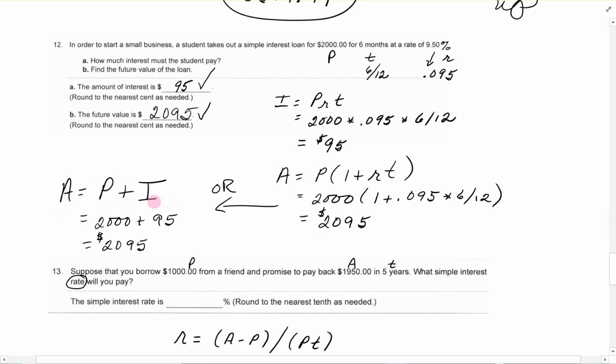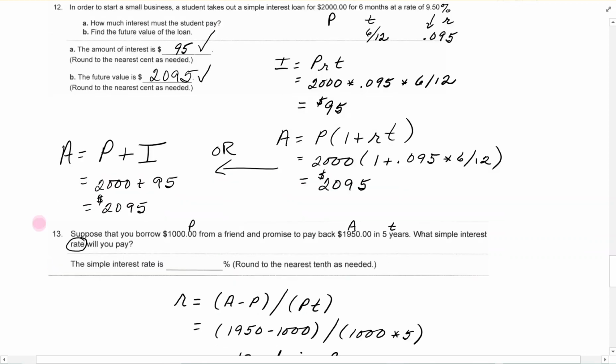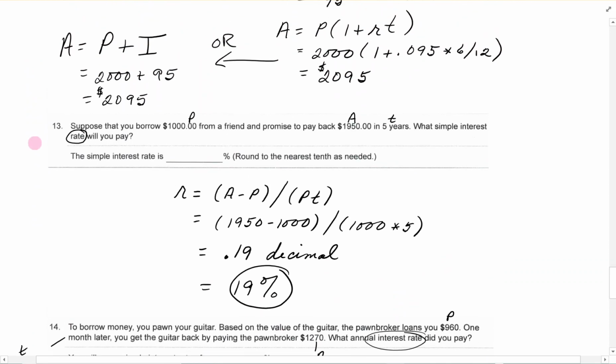So all you had to do was take the $2,000, which was your principal, that's what you started the loan with, add on the calculated interest, and that is another way. So you can do it this way or this way. Totally up to you.